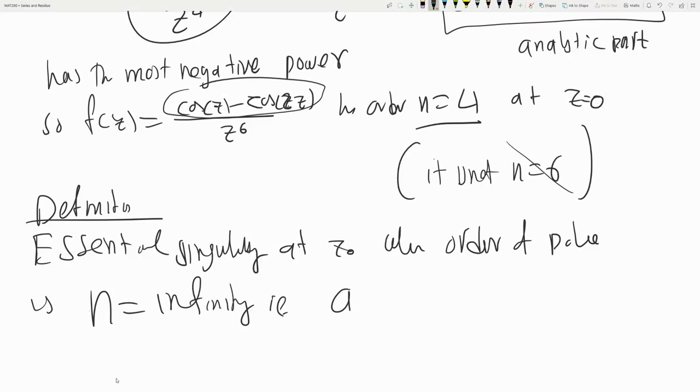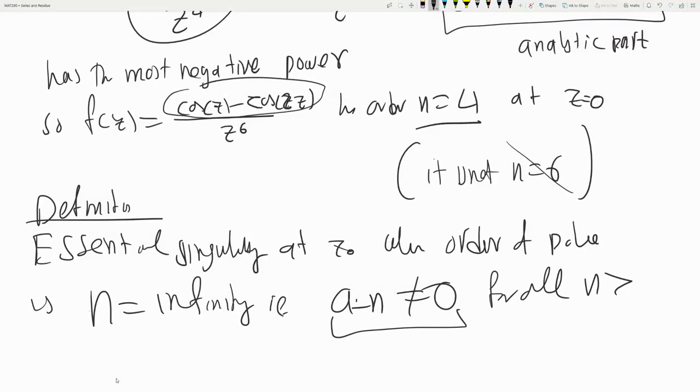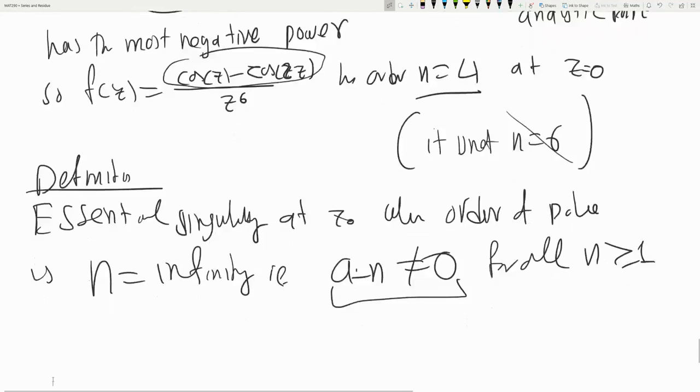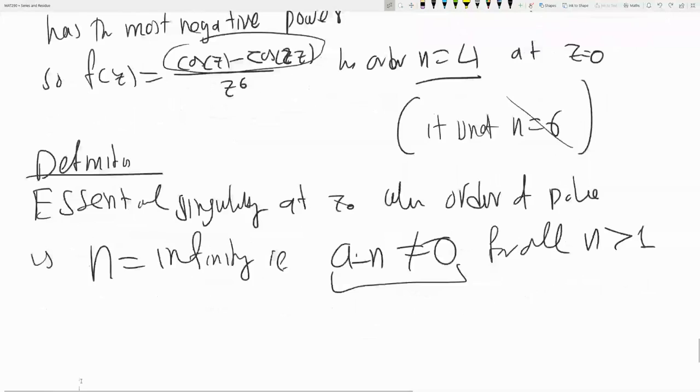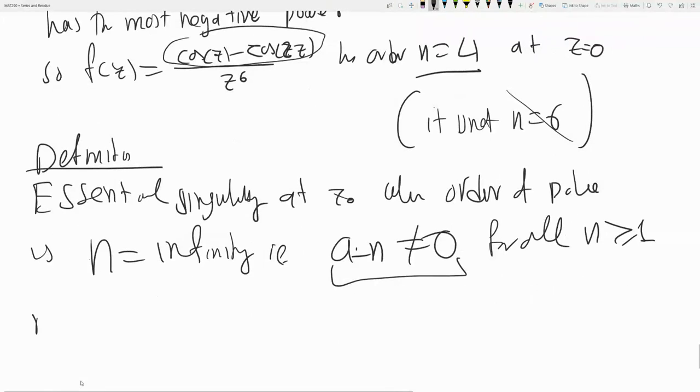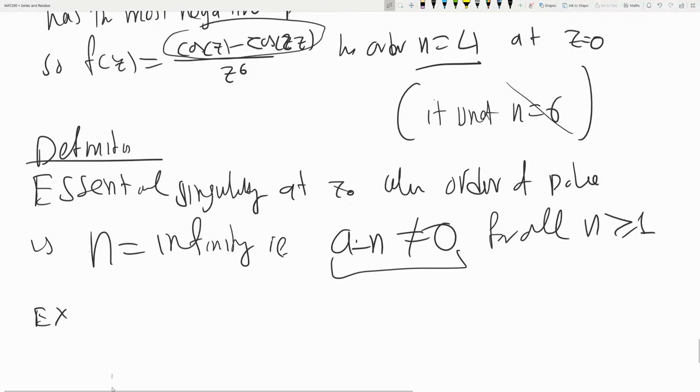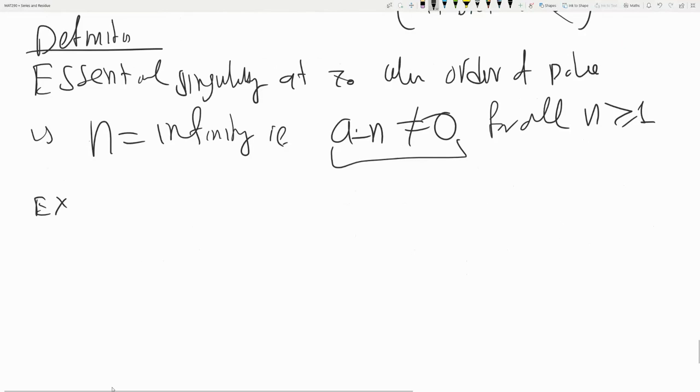Okay, i.e. a minus n is not 0 for all n bigger than 1. Okay, so let me do the most simple example. Just take your exponential of 1 over z minus 1 and expand around 1.